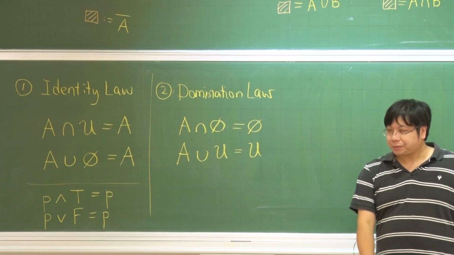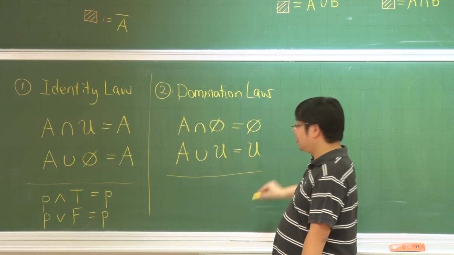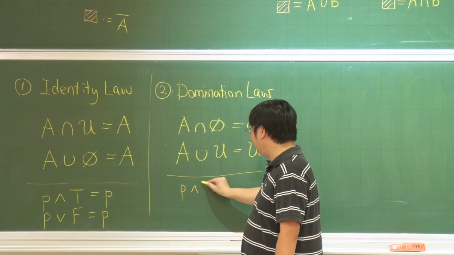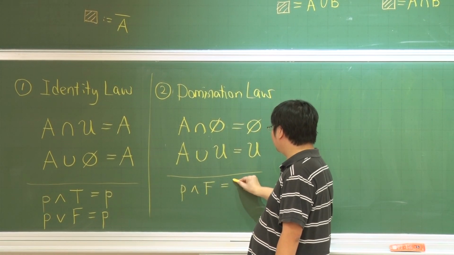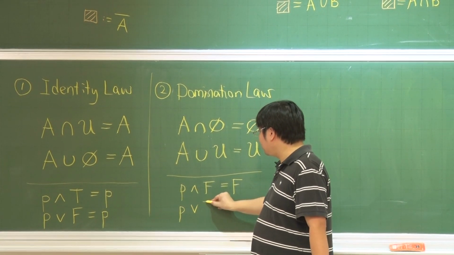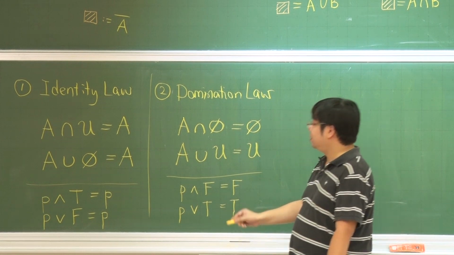And the corresponding logical equivalence is: if you have P and you AND false, then you get false. If you have a proposition P and you OR true, then you get true.